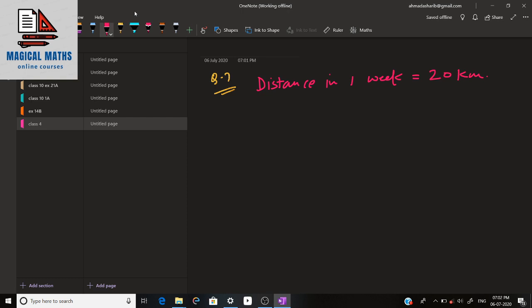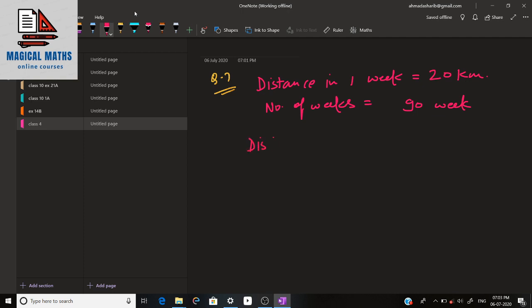Okay, and what are the number of weeks that you have been walking? So the number of weeks, students, is equal to 90 weeks. Okay, so you have been walking for 90 weeks. So the students, the question is asking how many kilometers have you walked altogether.